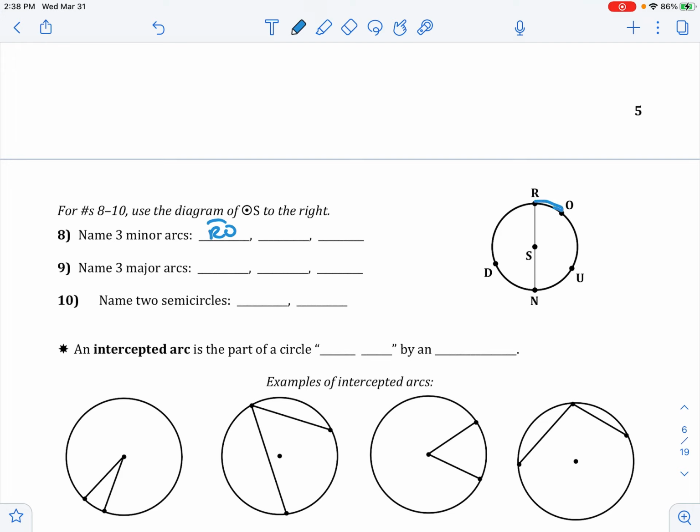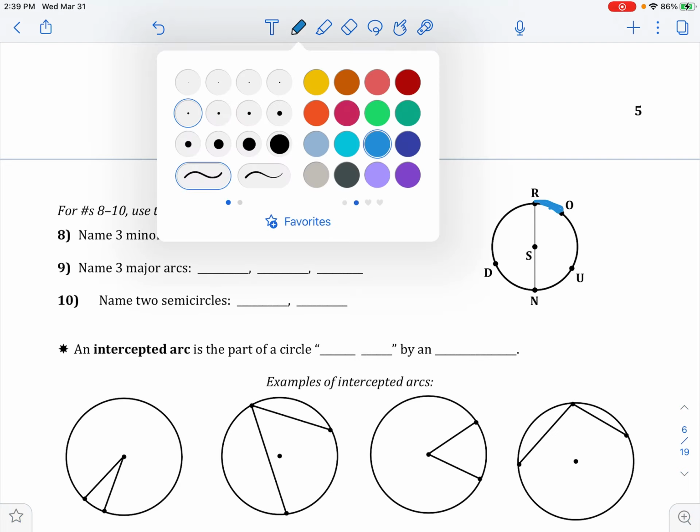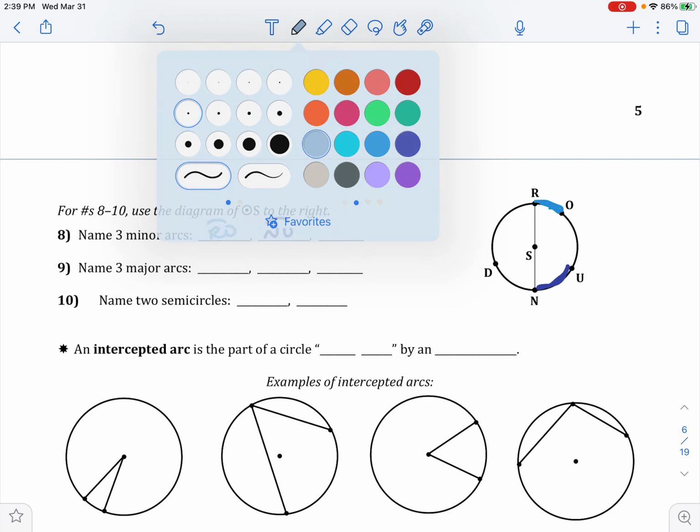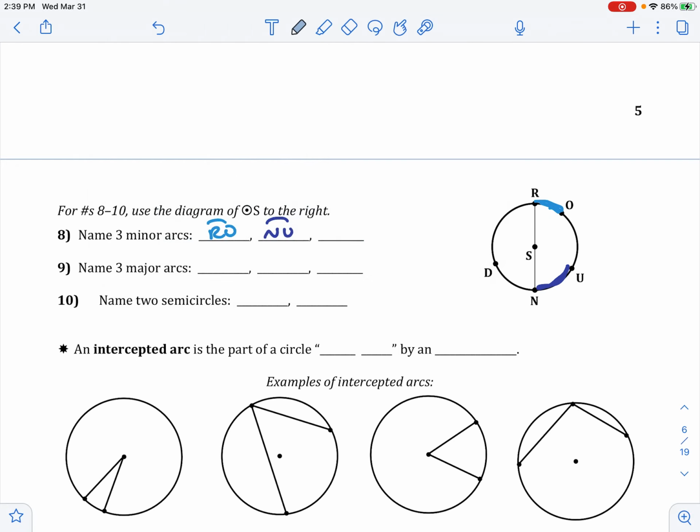I could also pick arc NU, another minor arc, and DN, that's a minor arc. Those are just 3 examples. There are others on there.